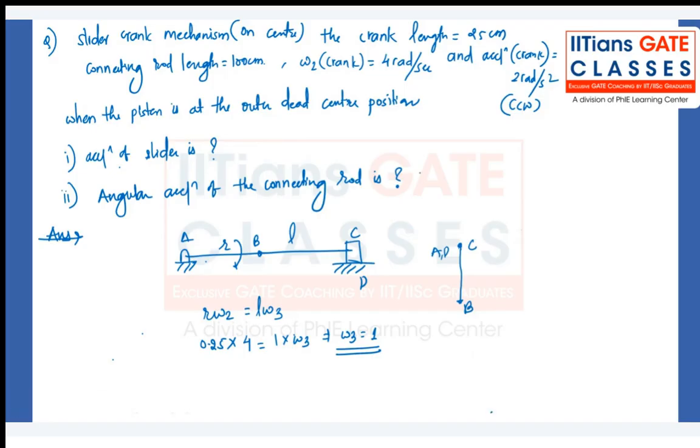This is alpha 3, and this is acceleration of the slider. Alpha 3, how will you calculate? Again, through the acceleration diagram you can calculate. Or L alpha 3 is equal to R alpha 2. When you draw the acceleration diagram, things will be more clear to you. I'll give you a minute of time.